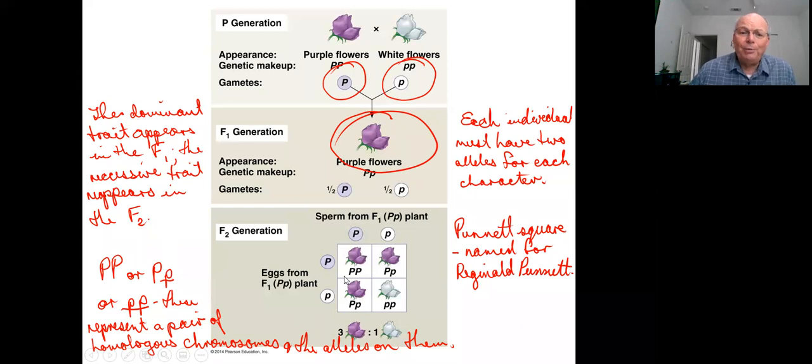You only need one copy of the allele for the dominant trait to actually have the dominant trait, at least in Mendelian genetics. As you'll see, it's not always the case. So this explains the 3-to-1 ratio, because these three are going to be all purple. This one is going to be our white. And you can make the same explanation for all 7 characters, because remember, they all behave exactly the same way.